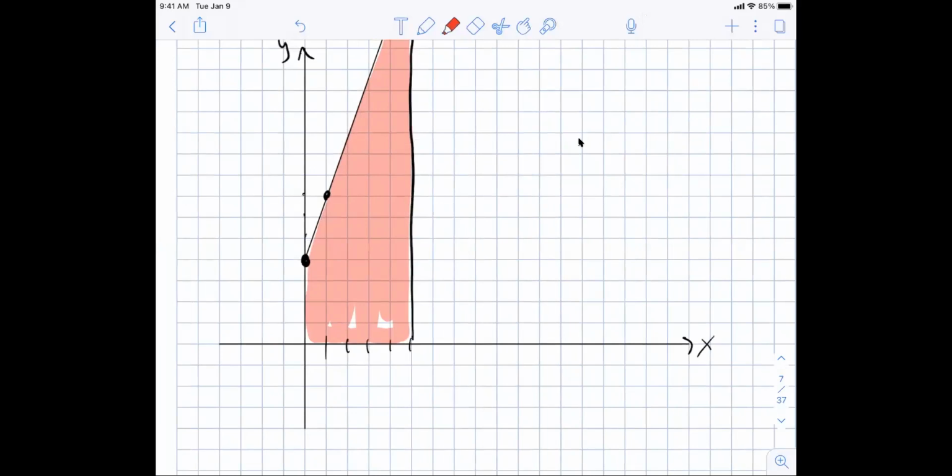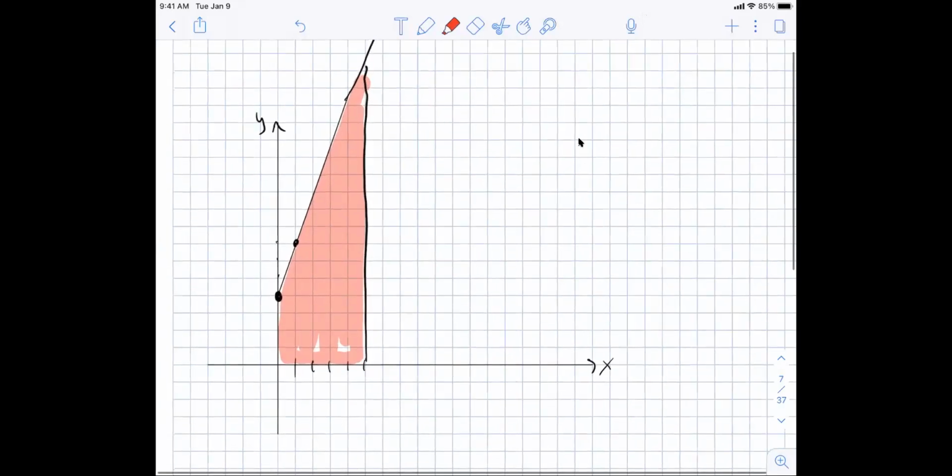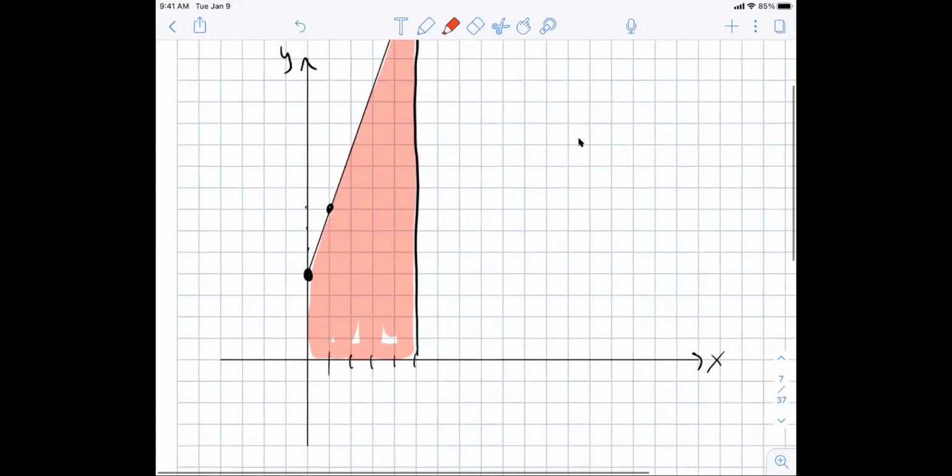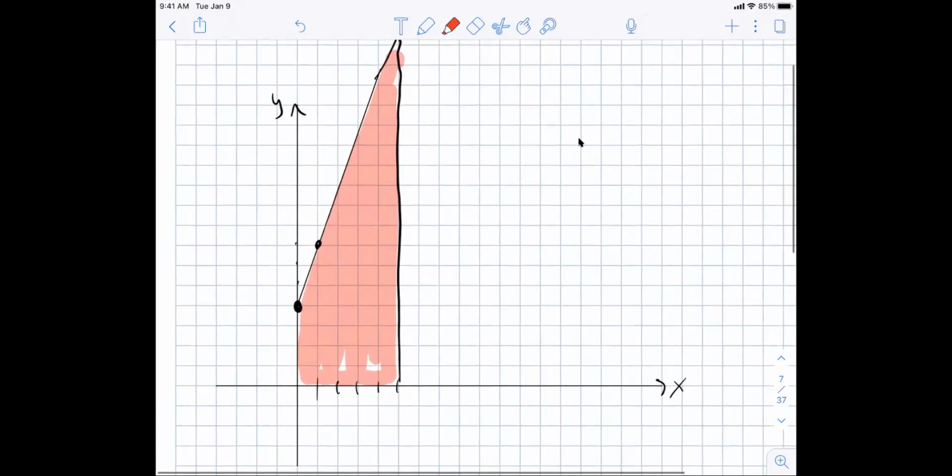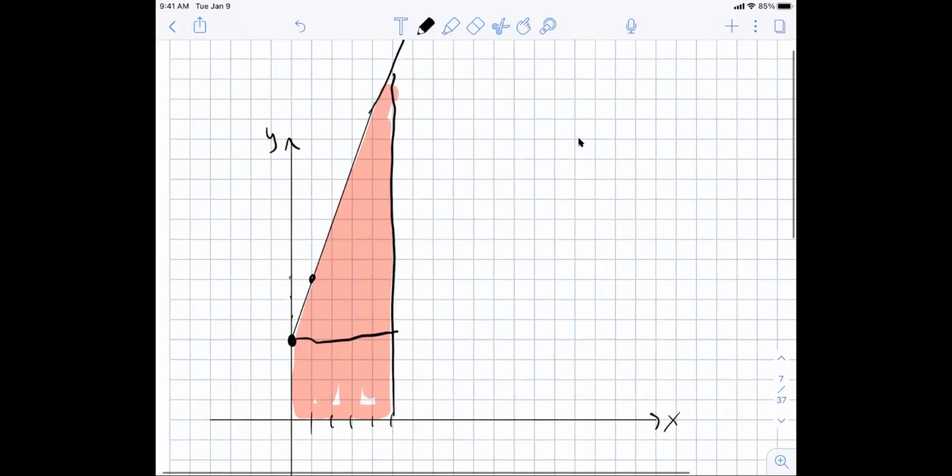If you don't know that, that's okay. Not many people do, but you could also recognize that this is just a triangle stacked on top of a rectangle, and so you could find the area of the upper triangle and the lower rectangle and find the exact area that way.